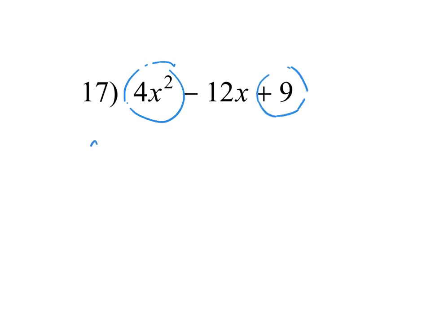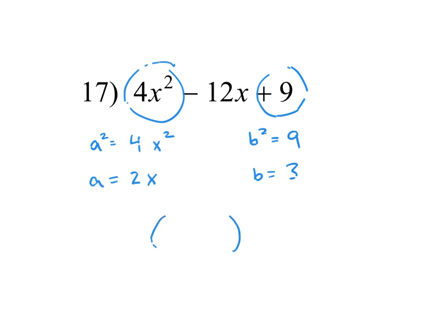So A squared is 4x squared. So what is our A? Awesome, 2x. And then if B squared is 9, what's our B? 3.